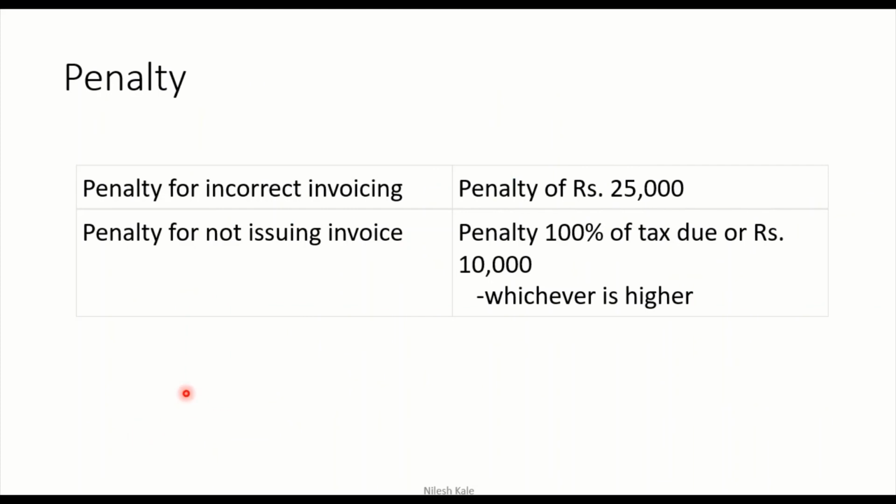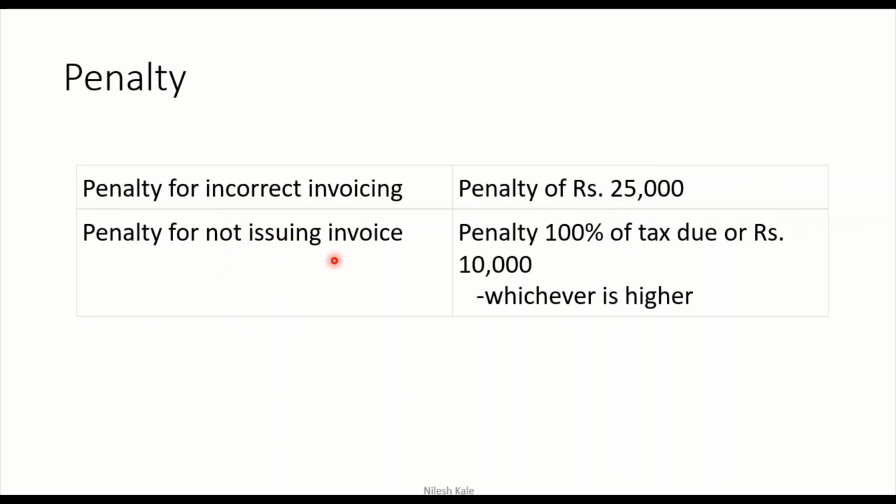Now there is a penalty for not issuing the invoices or debit note or credit note. Registered persons have to comply with the law, and the law says incorrect invoicing, if you are giving incorrect invoices, then a penalty of rupees 25,000 can be imposed on such invoice issuer.